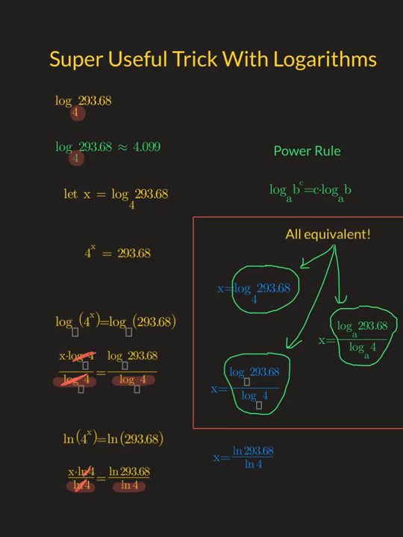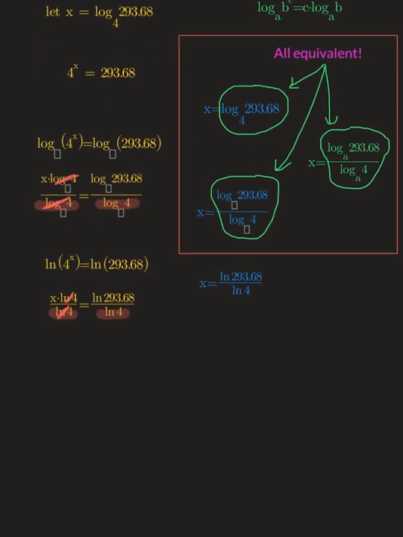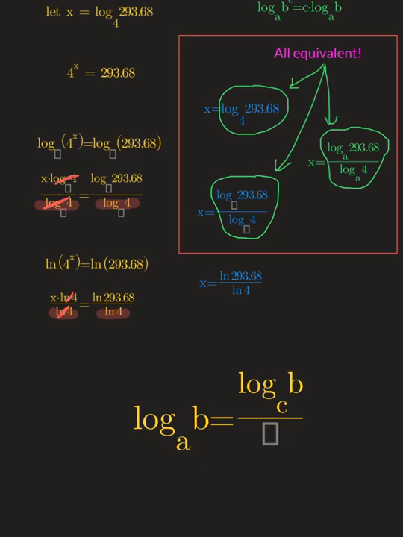So as a general rule, if you have any log with a base that you don't like, log base a of b is just going to be equal to the log of any base c of b, divided by the log of that same base c of a. These are going to be equal.